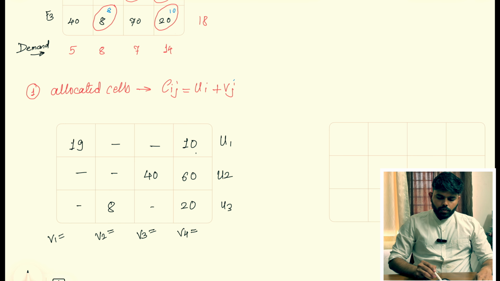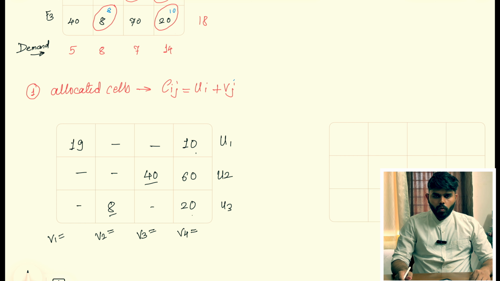In the second row, 40 and 60, again 2 allocations. In the third row, 8 and 20, 2 positions. In the first column only 19, at 1 position. In the second column also only 1 position. In the third column also 1 position. But in the fourth column, at all 3 positions the allocation is done.